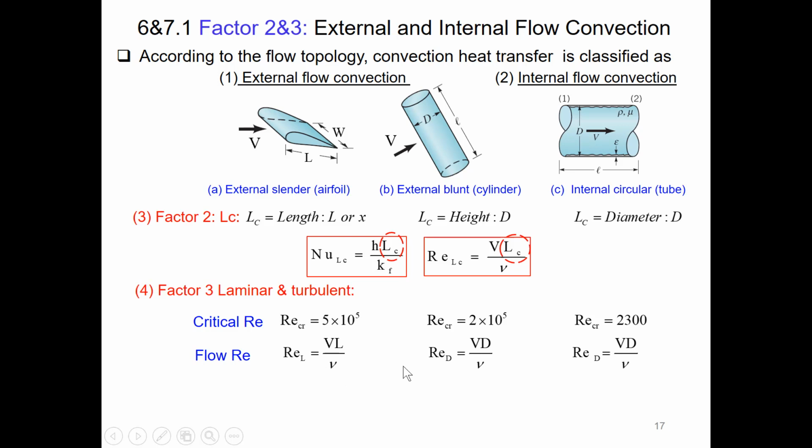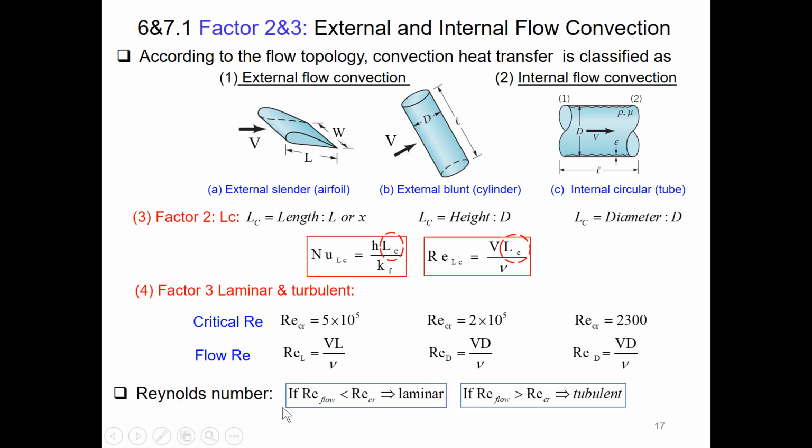In these three equations, the LC is replaced by a proper dimension for each flow topology. Then you compare the flow Reynolds number with the critical Reynolds number: less than, laminar; greater than, turbulent.